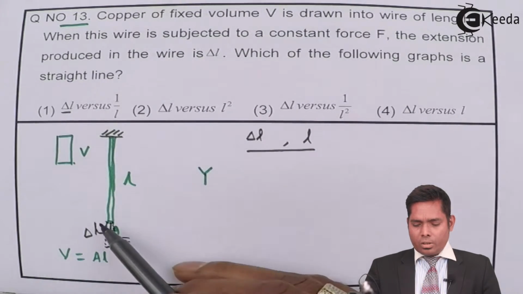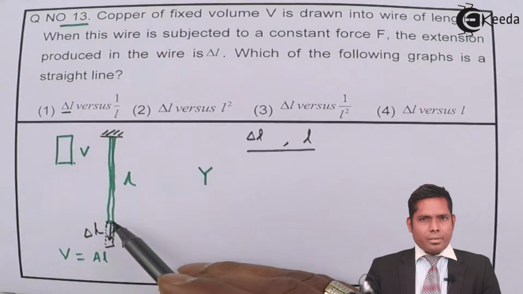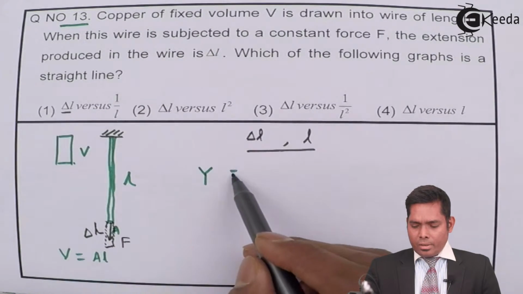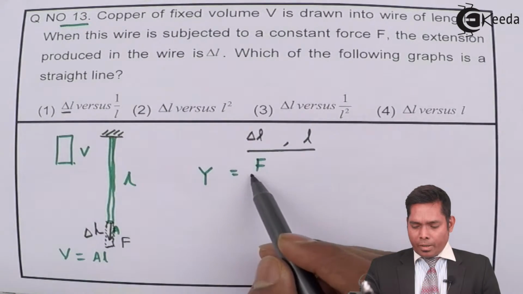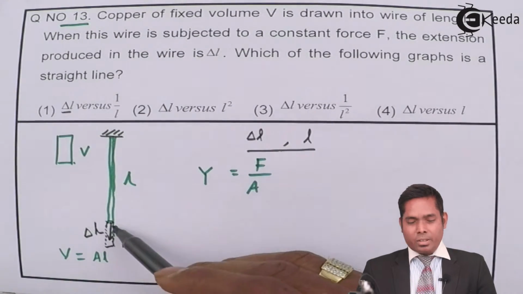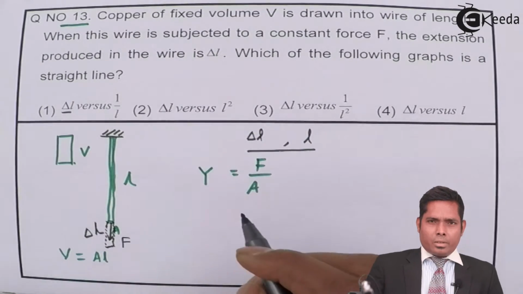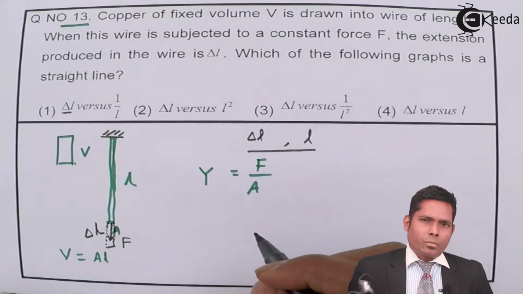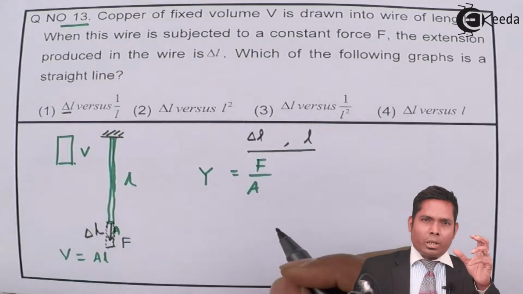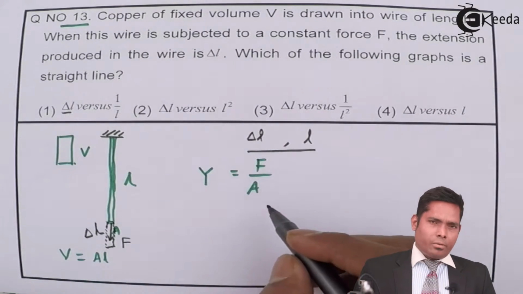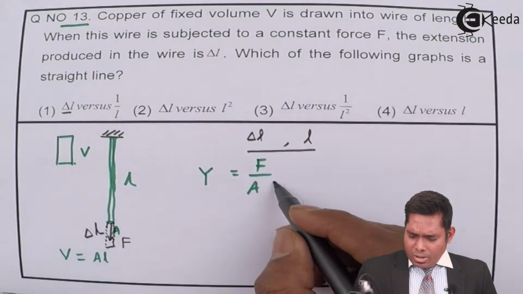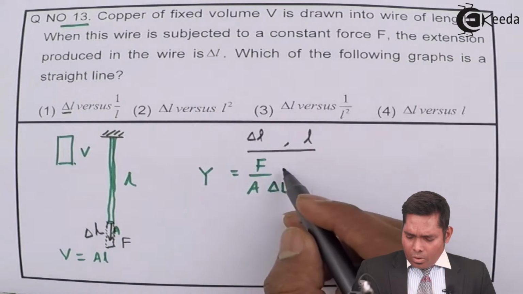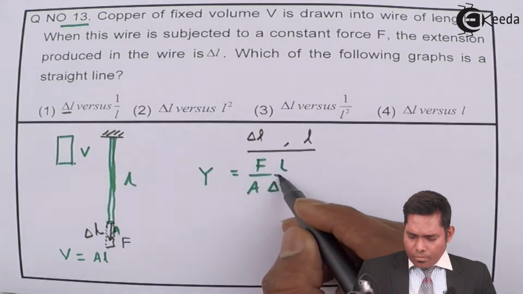Young's modulus for the wire is given by, as the definition says, force applied divided by area, whatever is the area of the wire after it is made a wire from that copper volume, divided by the strain, which is change in length upon the original length.